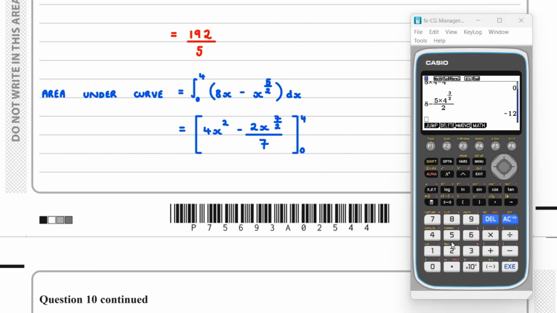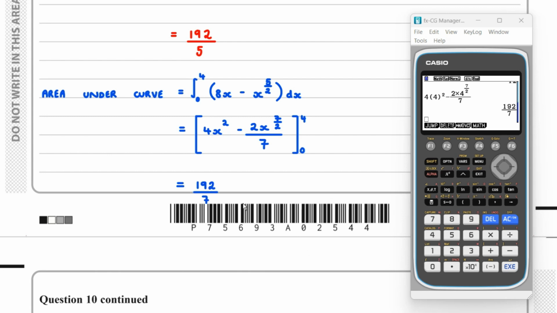So let's work this out. I have 4 multiplied by 4 squared, subtract 2 multiplied by 4 to the 7 over 2 over 7, and I get 192 over 7. For the lower limit, I'll just get 0.